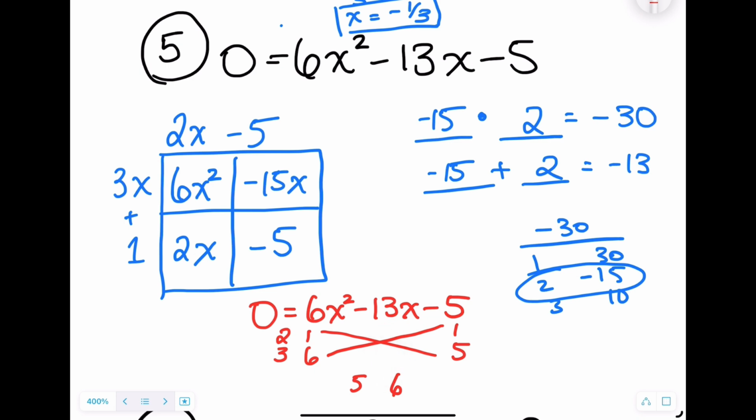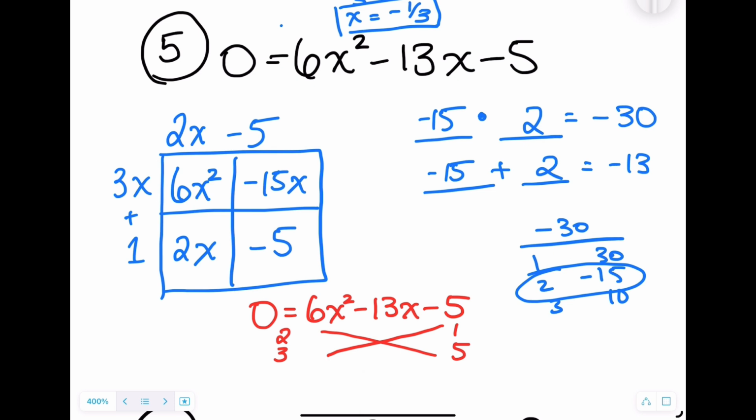There's no possible way, so this isn't going to work. And even if I change the order to 6 and 1 instead of 1 and 6, and now I multiply, then I get 30 for 6 times 5 and 1 for 1 times 1. And 30 and 1 also cannot add or subtract to equal negative 13. So we're going to get rid of these factors, or you could just cross them out on your paper.